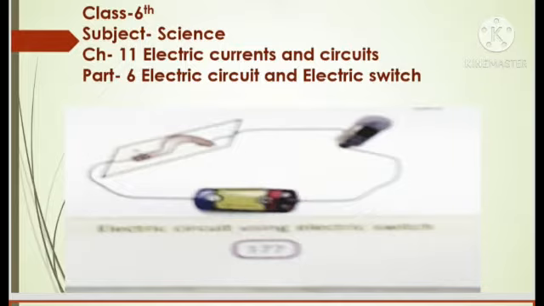In this way, a closed path is formed for an electric current to flow, though this flow was symbolic and in the form of plastic balls. But in reality, how it happens, we are going to discuss, all about the electric circuit and electric switch.